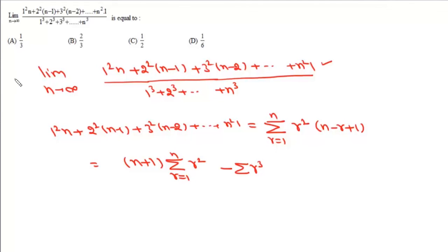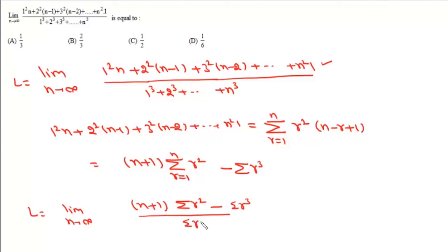So this limit, say L, will be this limit n tends to infinite n plus 1 summation r square minus summation r cube upon summation r cube. Now it will be this limit n tends to infinite n plus 1 summation r square upon summation r cube minus 1.